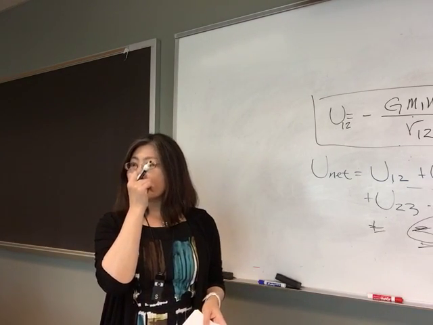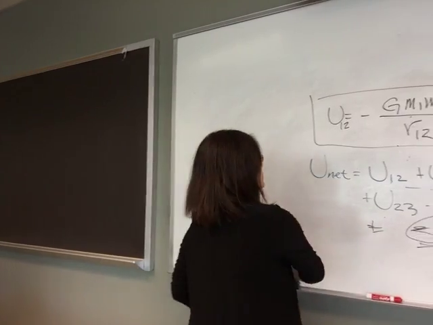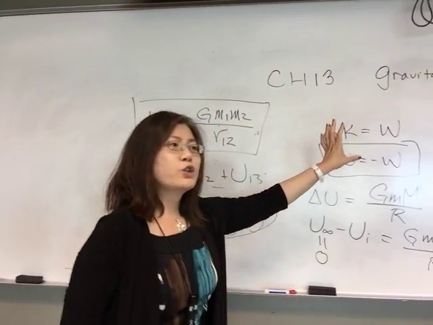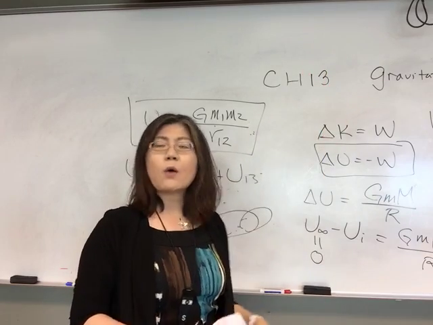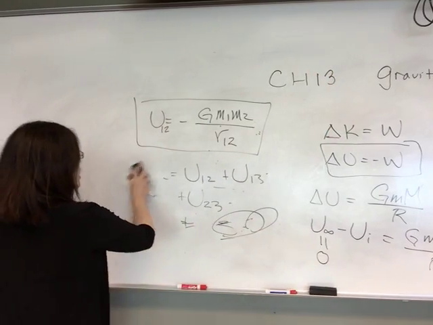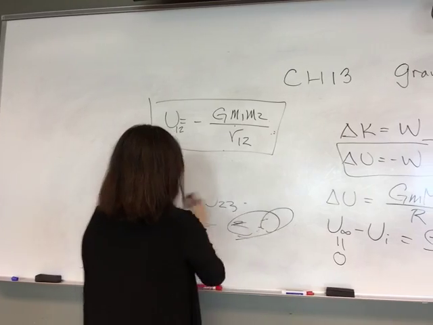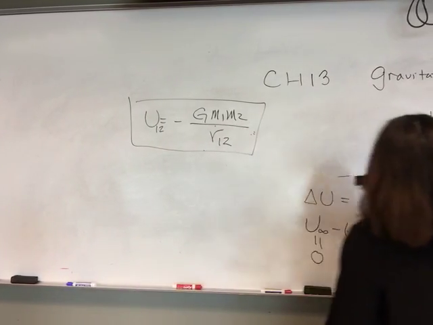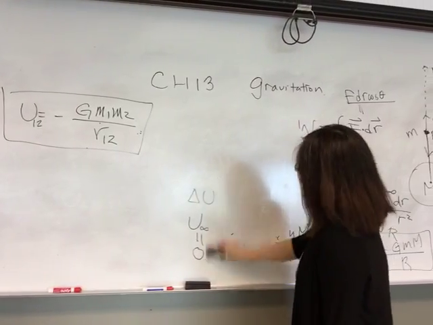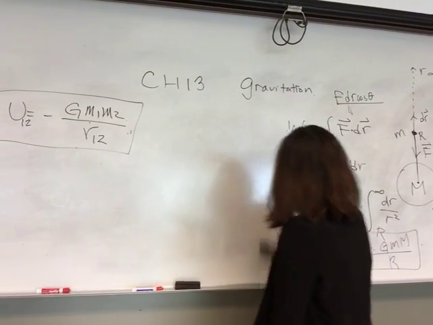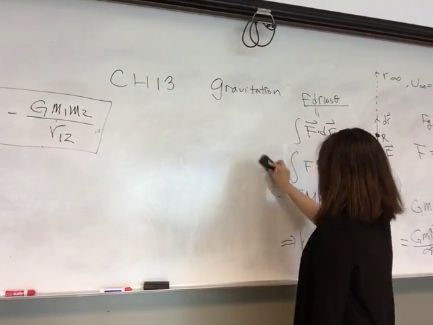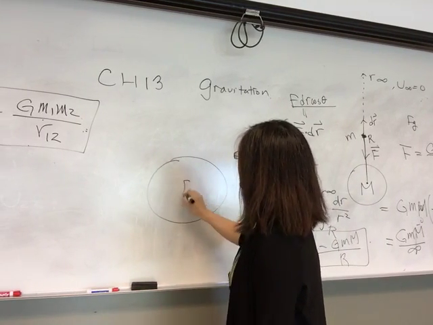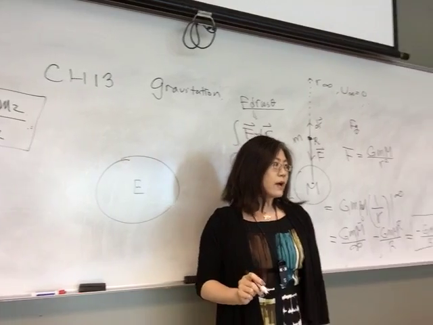All right, so now since we defined the gravitational potential energy at infinity to be 0, we can actually look at a very interesting phenomenon. Let's say we have a scenario. I mentioned earlier that we're earthbound, right?